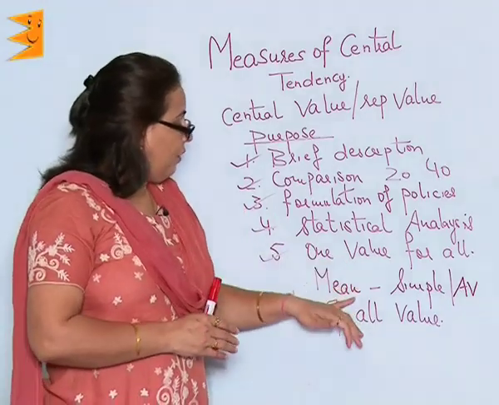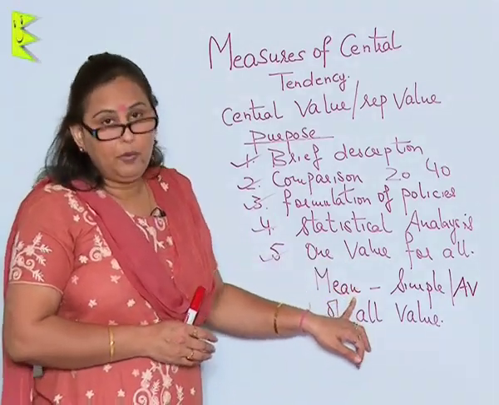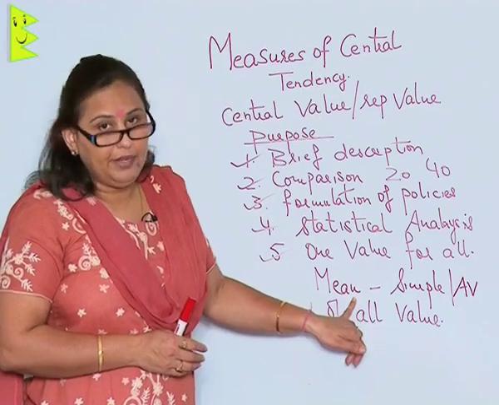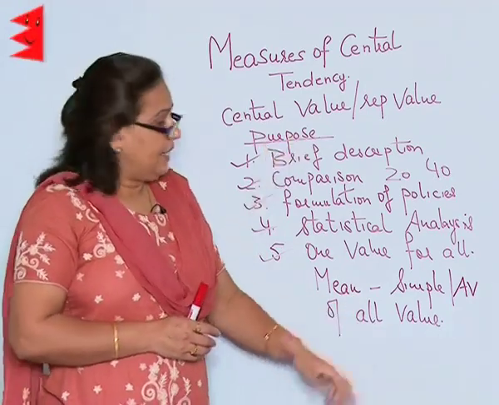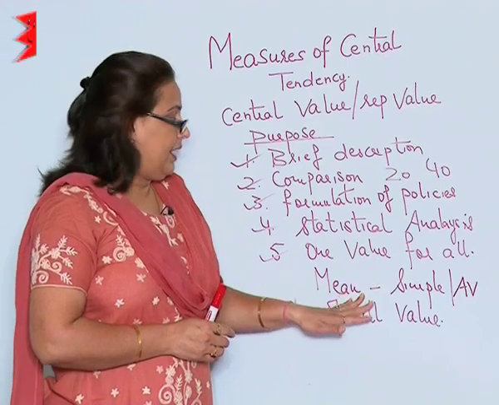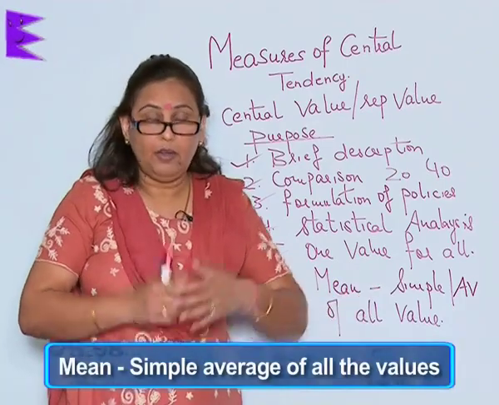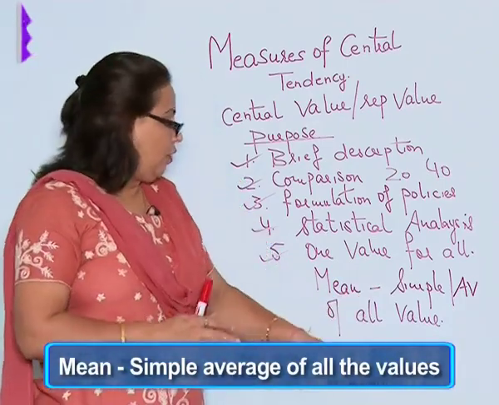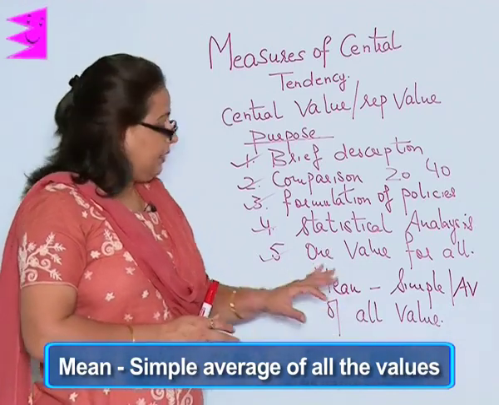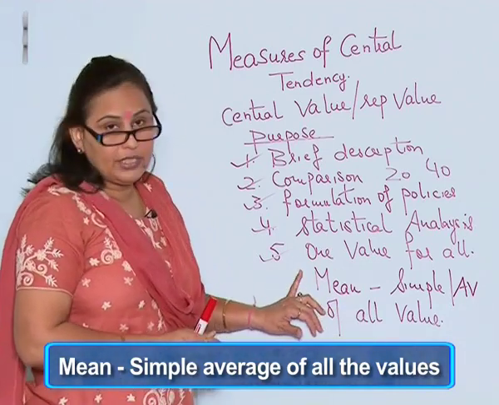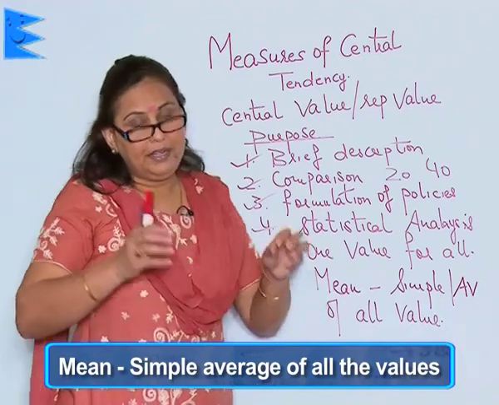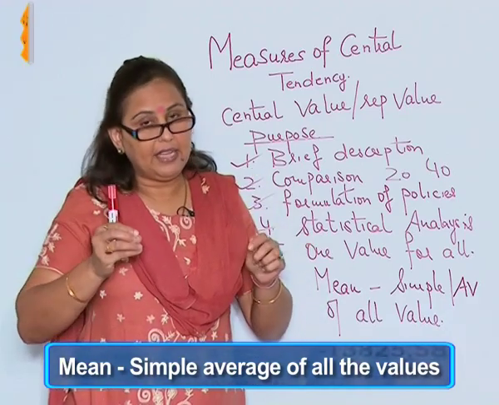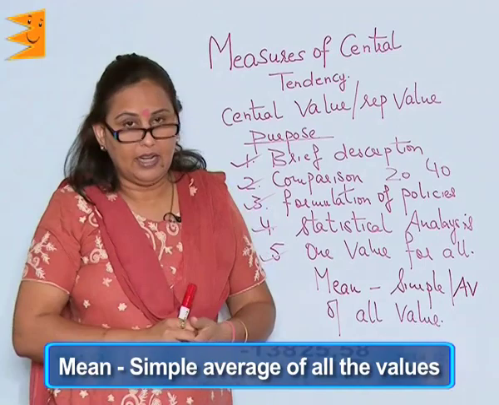And first of all, we will be studying the mean as a measure of central tendency. Mean is in fact a method, the simple average of all the values. This is frequently used and can be used by all of us with excellent results.